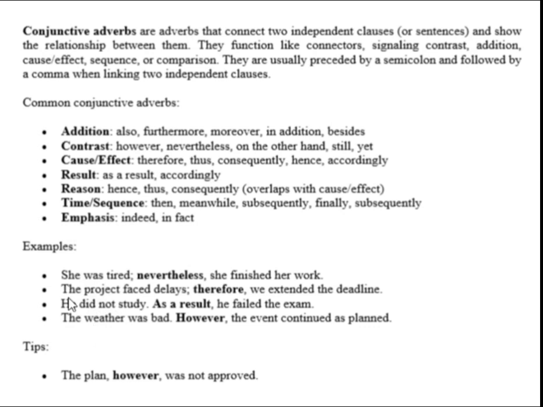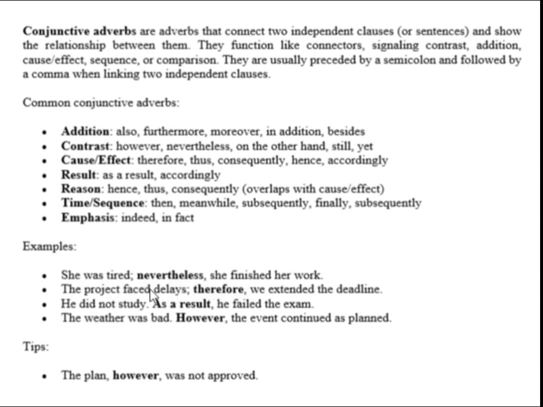In this package of four examples, the first two follow that model, which is normally the standard punctuation format, okay? So you have the first clause and then the second clause. They are connected by conjunctive adverbs, and the conjunctive adverbs are preceded by a semicolon and followed by a comma, okay? Like this: she was tired, semicolon, nevertheless, comma, she finished her work.